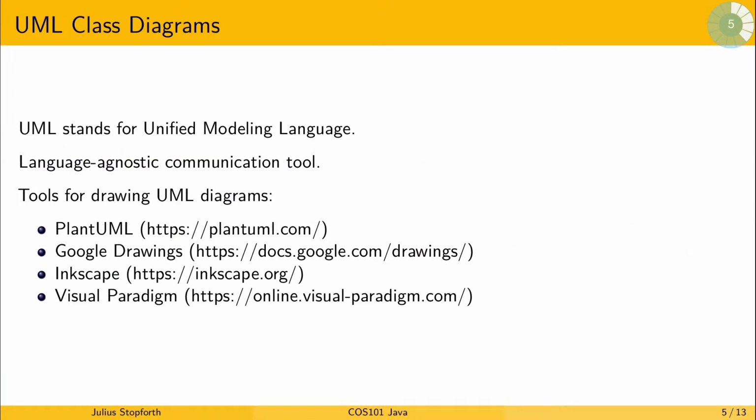So let's move on to UML class diagrams. UML stands for the Unified Modeling Language. Modeling in the terms of like modeling clay, right? We're trying to put a visual representation of ideas together. It is kind of language agnostic, so whether you're working in C++, Java, or Python, the UML language can be used to define a system, to explain a system and to describe it.